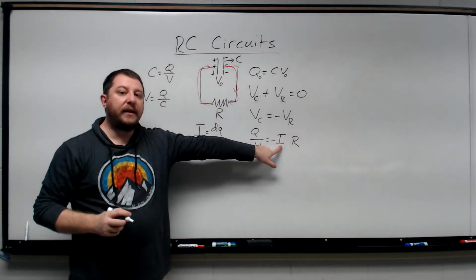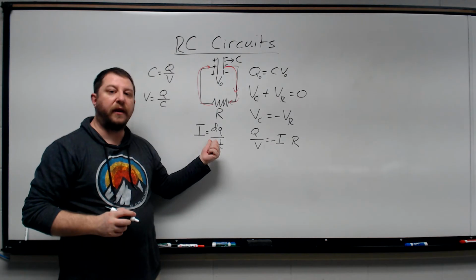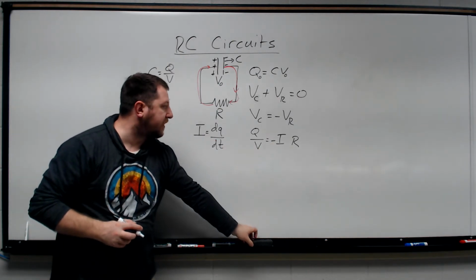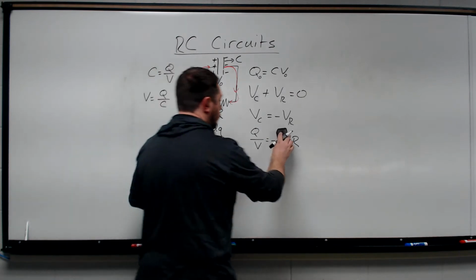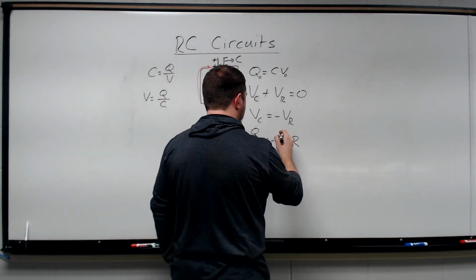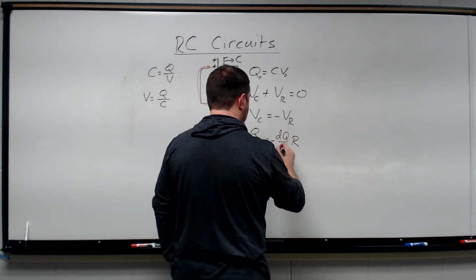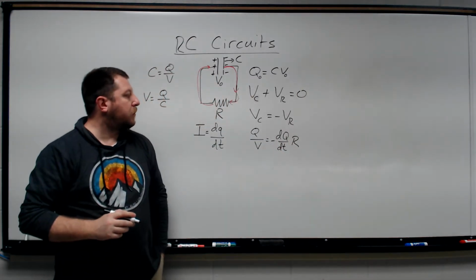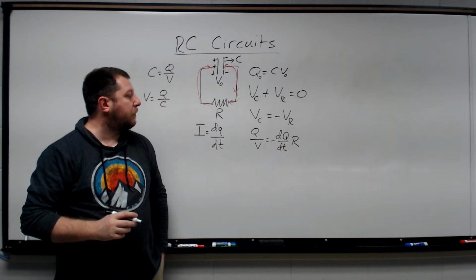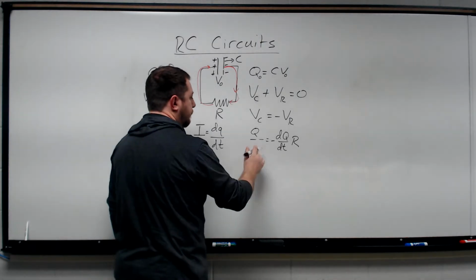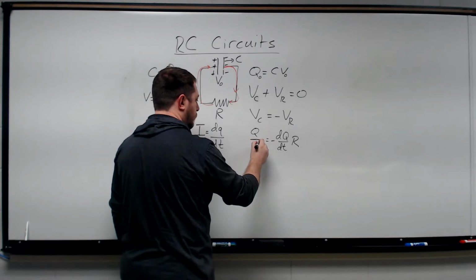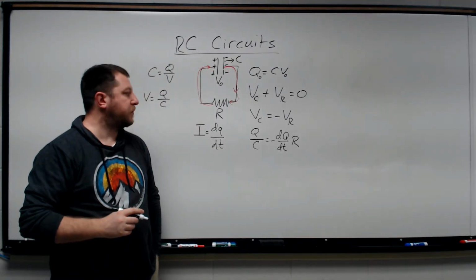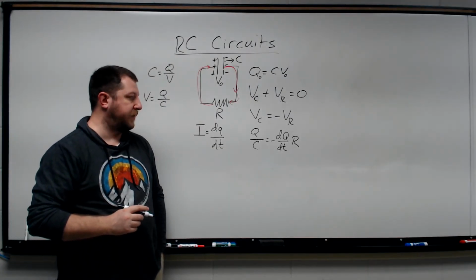But I is equal to the derivative of the charge with respect to time. So I can insert dq dt here. Okay? So I have Q over C is equal to dq over dt times R.